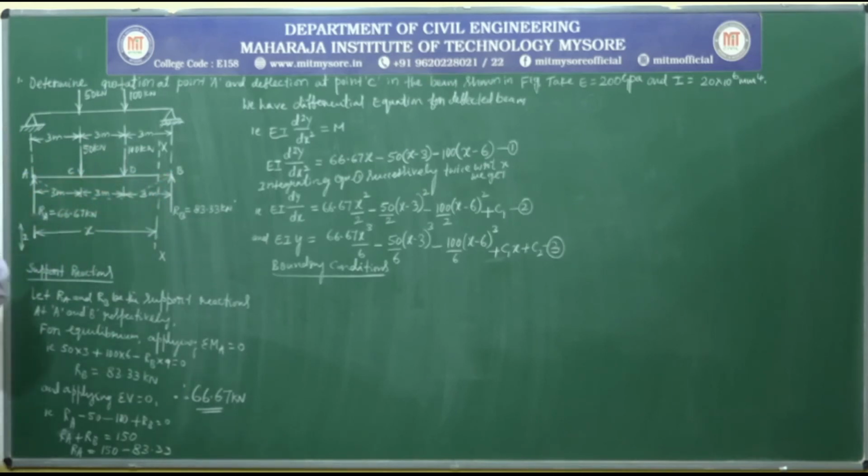Hence we can create two boundary conditions. When x is equal to 0, deflection y is equal to 0. That is one condition. Further, when x is equal to L, deflection is equal to 0. We can apply these two boundary conditions and easily solve for C1 and C2.